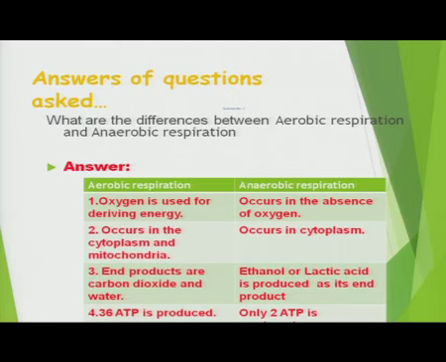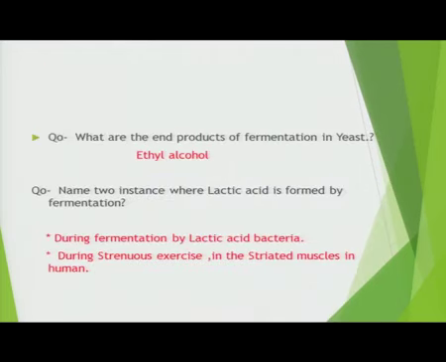Aerobic involves cytoplasm and mitochondria. Only cytoplasm takes part in anaerobic respiration. The end product is carbon dioxide in aerobic, and lactic acid and ethanol in anaerobic. 36 ATP is produced in aerobic, 2 ATP in anaerobic.